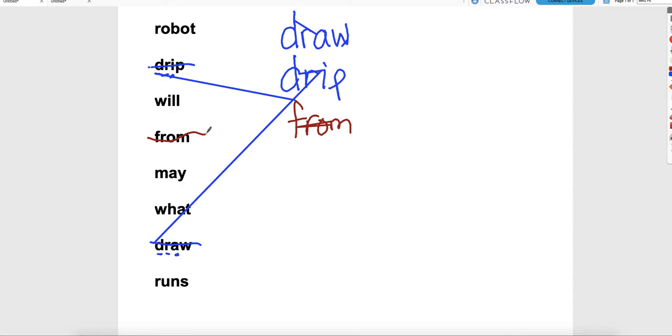What's going to come next? Robot, will, may, what, and runs. Zayden, what do you think? Do you want me to come back to you? Okay, I'll come back to you. I'm going to pick a stick. Who thinks they know what's going to come next?